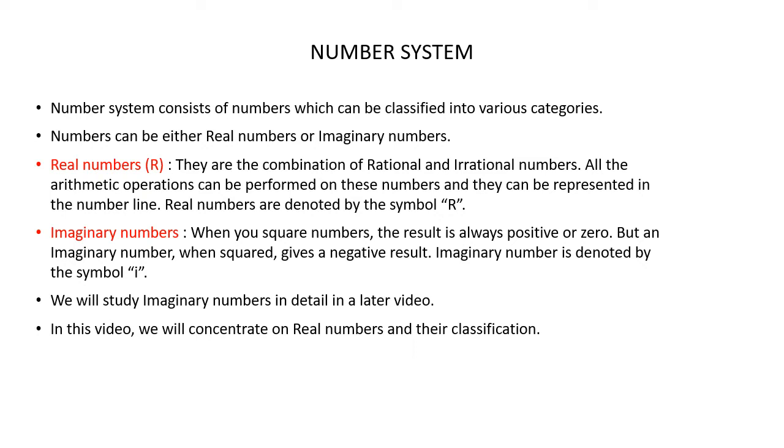So when you square numbers, the result is always 0 or positive. Even when you square a negative number, you will get a positive answer. Like minus 3 squared is plus 9. Minus 2 squared is plus 4. So you always get a positive number.